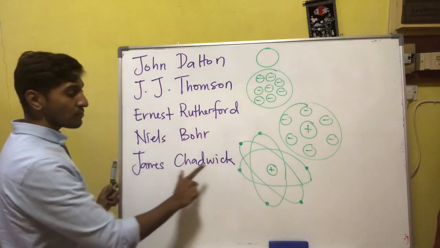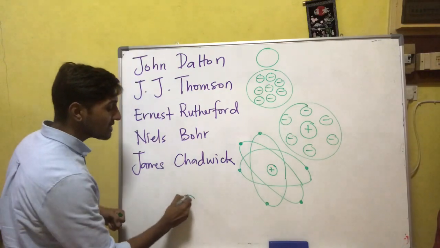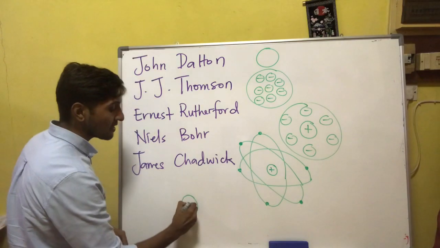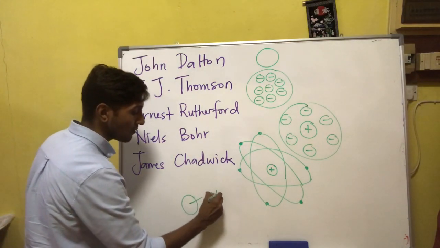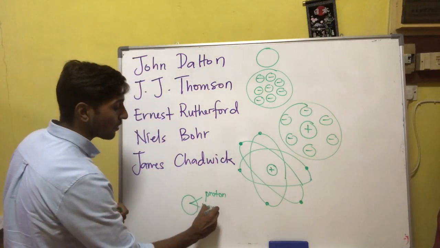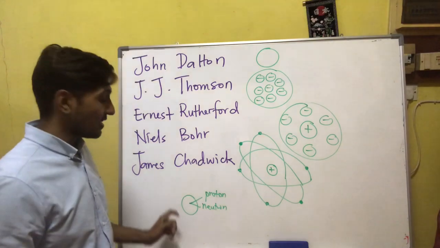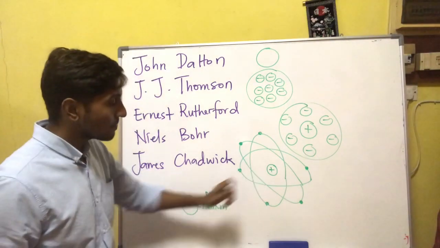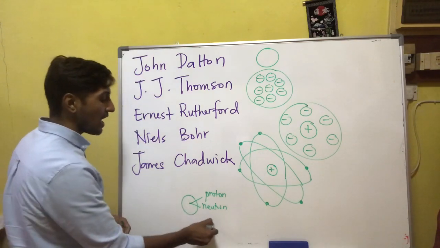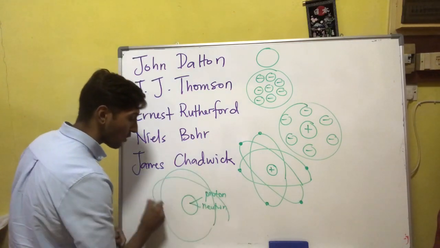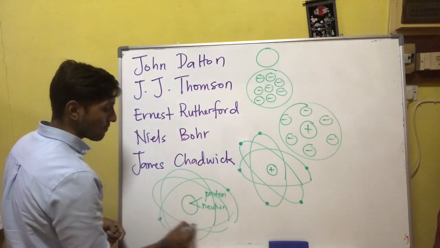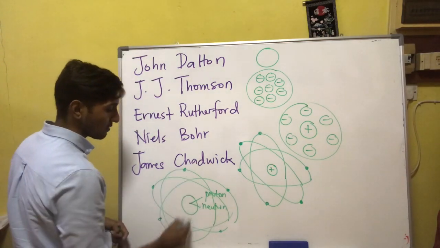And James Chadwick, to finish it up, said that in the middle is the nucleus, not only the positive charge, the proton, which carries the positive charge, but also the neutron. So in the middle it is positive and neutral charge at the nucleus, and then there are shells, or orbits, of the electron, with electrons moving around in an orbital motion.